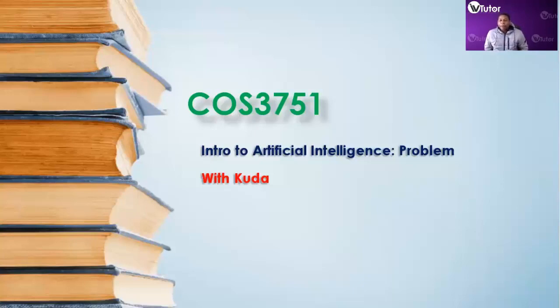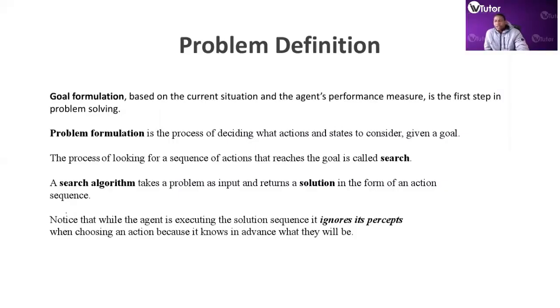But a problem definition to a human being is different from a problem definition to an AI agent. So we need to define what a problem to an agent should consist of and should have. All right. So let's look at some definitions here.